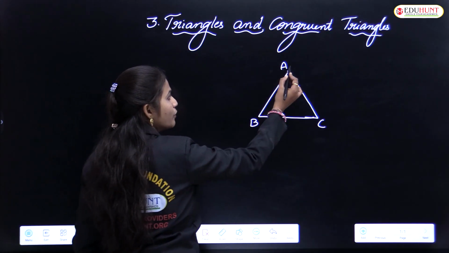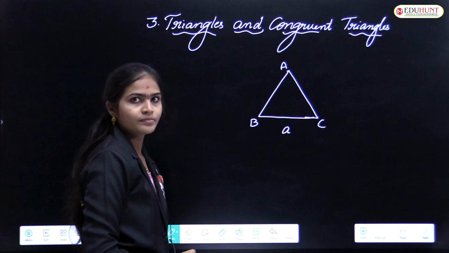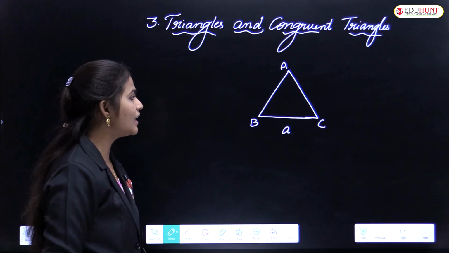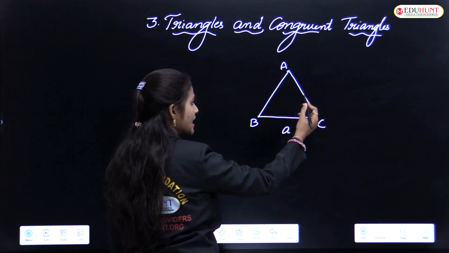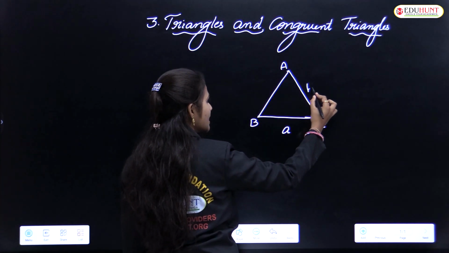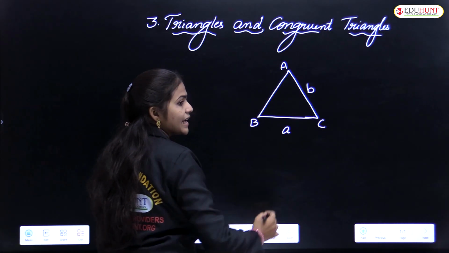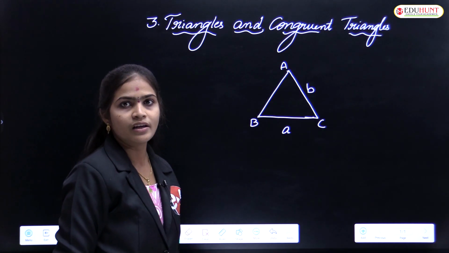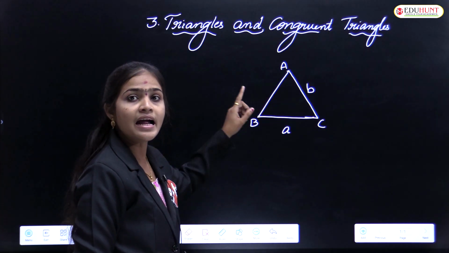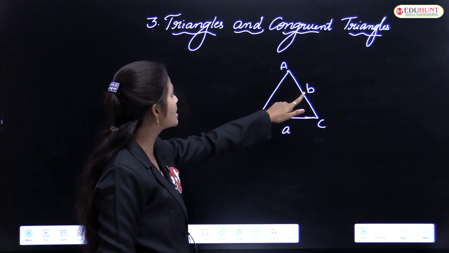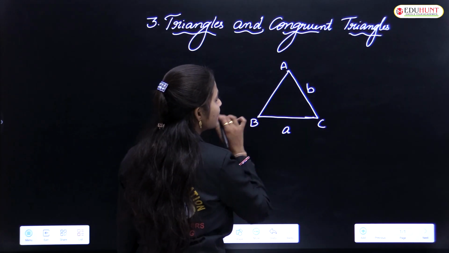Here, opposite to vertex A, this side we will call small a. We represent that with a small letter a. The side opposite to vertex B, we will write as small b. Capital letters represent the vertices, and small letters represent the opposite sides. So A, B, C capitals are the vertices, and small letters represent the sides of a triangle.